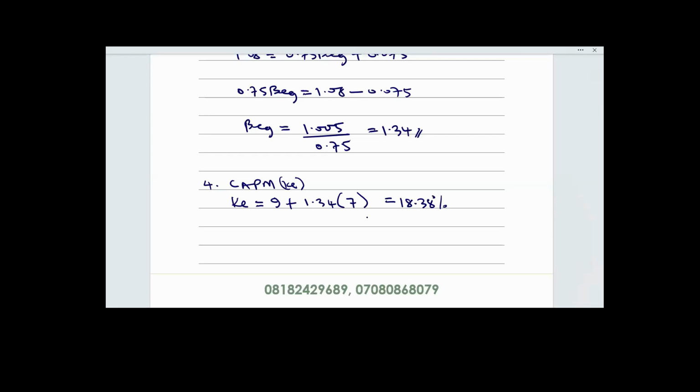Okay, finally I calculate WACC. Again, there's no need for me to write our formula. So equity value of the main company is 33,920. Total value is 51,320.